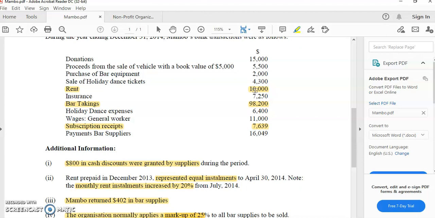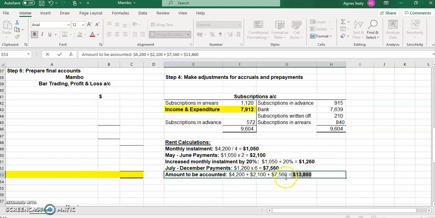So we are only looking at May. This $10,000 is for May to December and seems to include something else as well. We need to find out the extra that was paid during that period. If we add $2,100 for May to June and the $7,560 for July to December, that covers payments in the current year, and that is only $9,660.